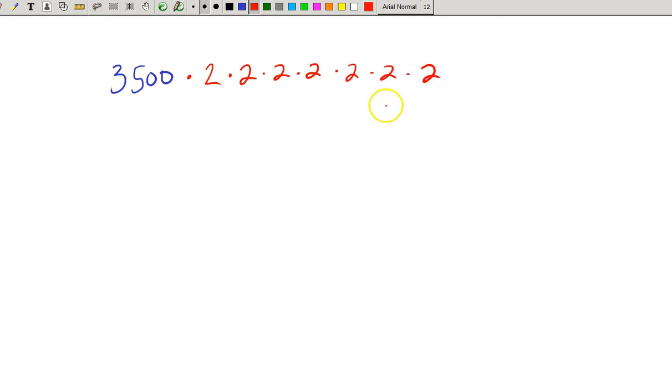So that'd be about 28 days if the doubling rate stays the same. So we could write this expression as 3,500 times 2, and since there are 7 2's, we could simply write this as 2 to the 7th. We can use some basic exponent properties to rewrite this expression. That's what we're doing today.